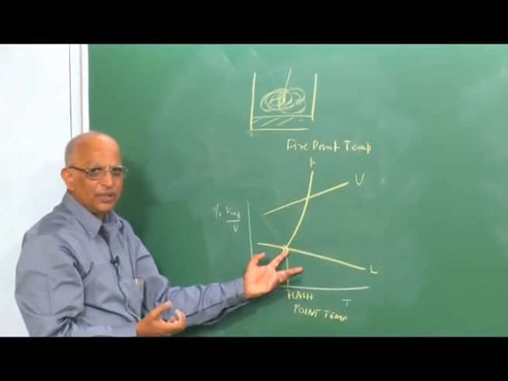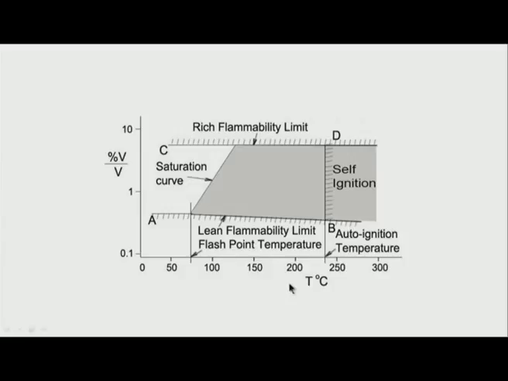In this slide, I show the temperature of the volatile liquid as T degrees centigrade. I show the percentage volume of the fuel vapor divided by the volume of the mixture. I show the value of L decreasing with increase in temperature. I also show the rich flammability limit U increasing with temperature. This is the vapor pressure curve over here.